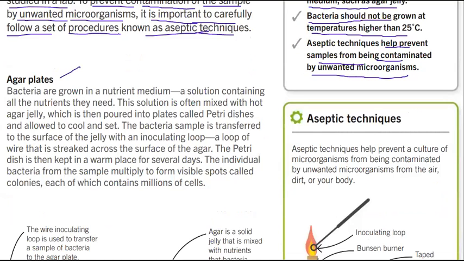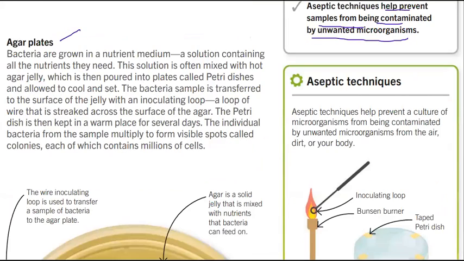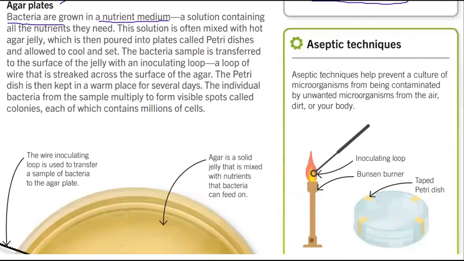How can agar plates be studied? Bacteria are grown in a nutrient medium, a solution containing all the nutrients they need, and this solution is often mixed with hot agar jelly, which is then poured into plates called petri dishes and allowed to cool and set.